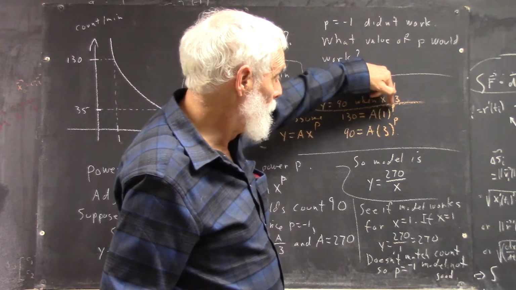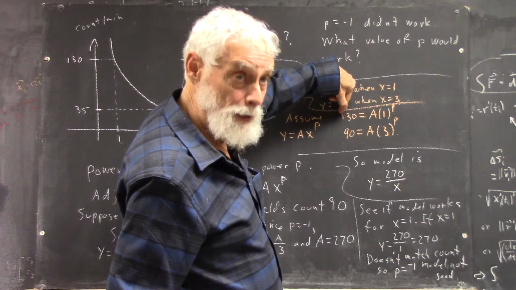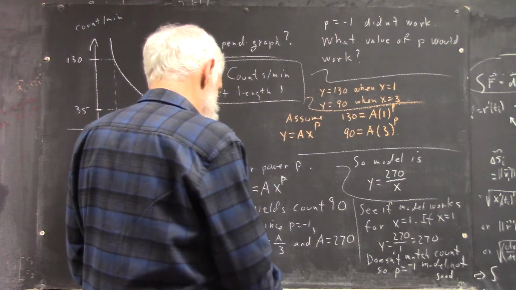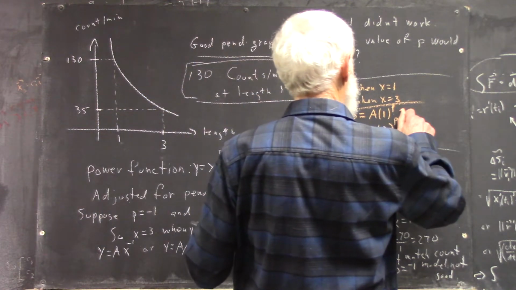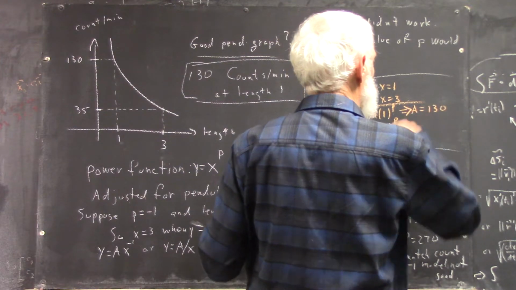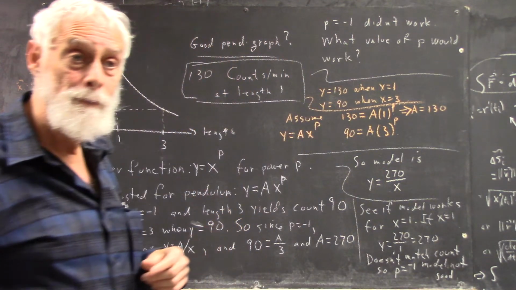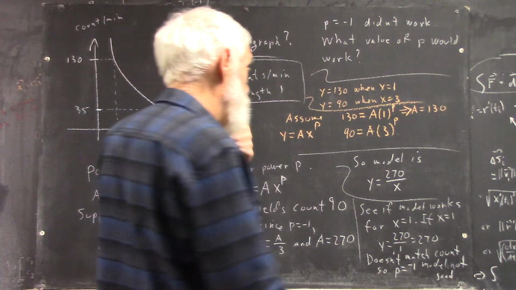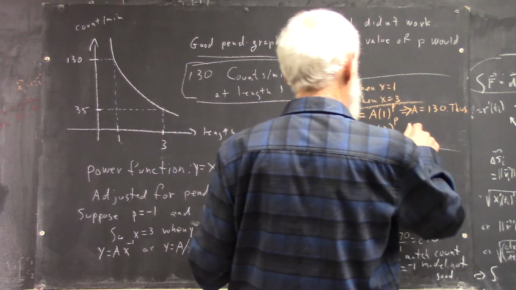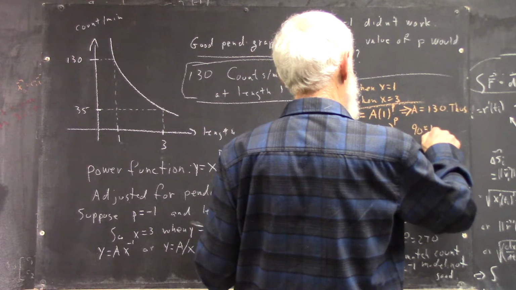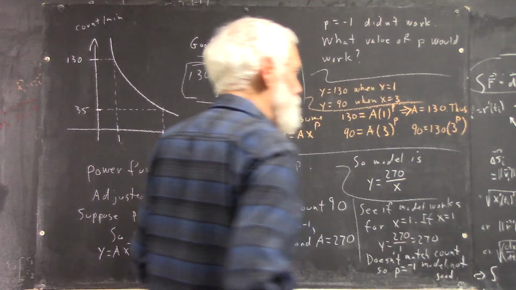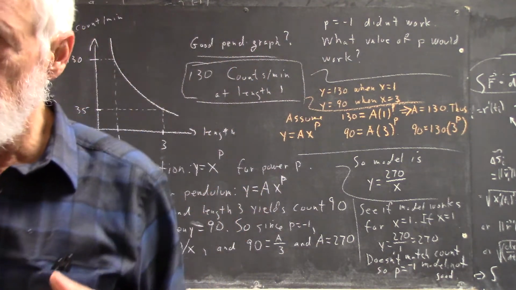So we just kind of luck out here, but we immediately find that a is 130, right? So this implies that a is 130. So 90 equals 130 times 3 to the p.